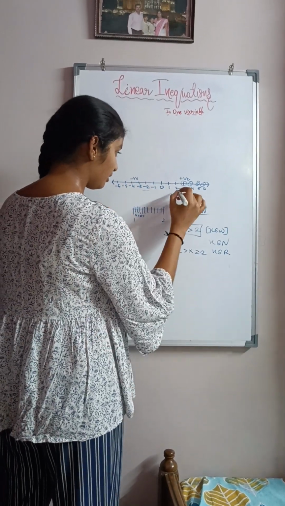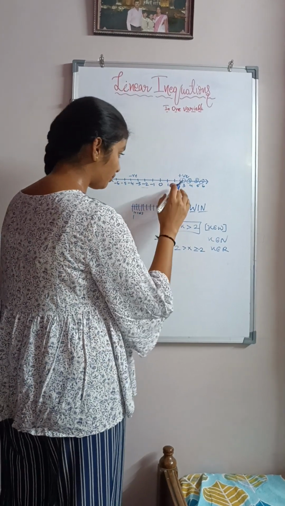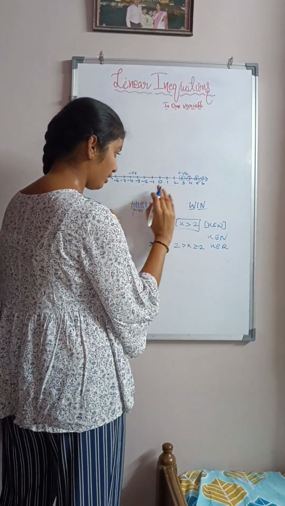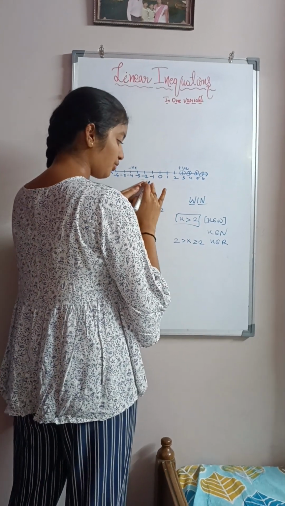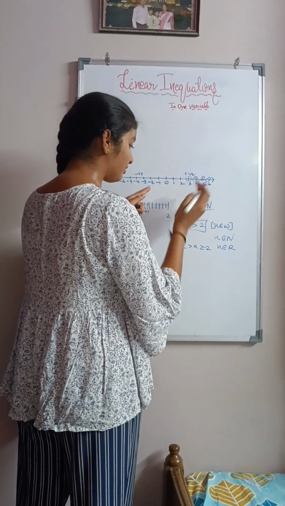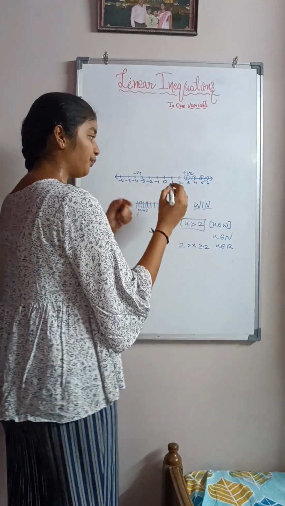Here minus 2 is there and here 2. So minus 2 is less than or equal to x, and x is less than 2.